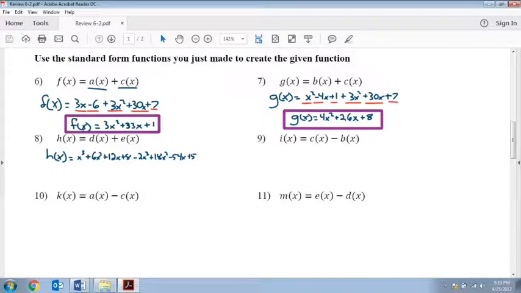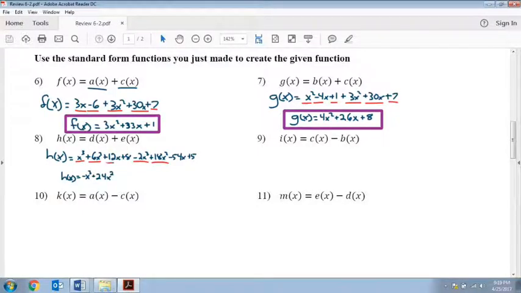And we are just going to combine terms. So we'll start off, do your highest exponent and work your way down. So in this case, your h of x, we'll start with the x cubed. I've got an x to the third power and a negative 2x to the third power. 1 minus 2 is negative 1. So that's negative x to the third power. I've got 6x squared and 18x squared. 6 plus 18 is 24. So that's positive 24x squared.